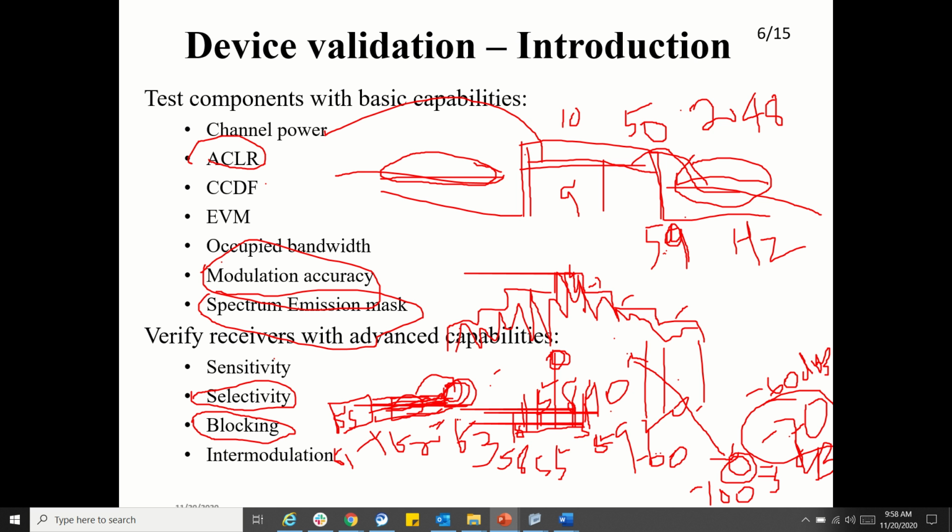If your device is working under 5G and creates an intermodulation product F3 that matches the LTE frequency, it will degrade the performance of the LTE network. So that is called intermodulation.